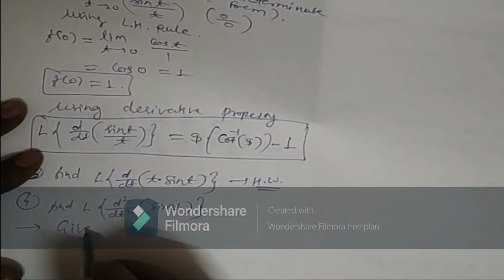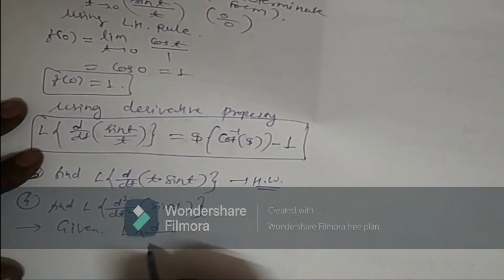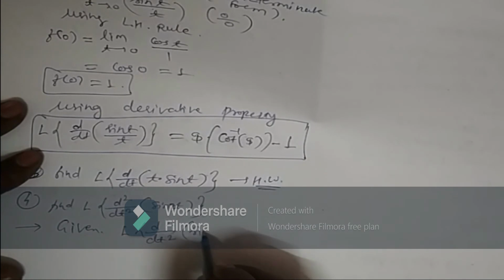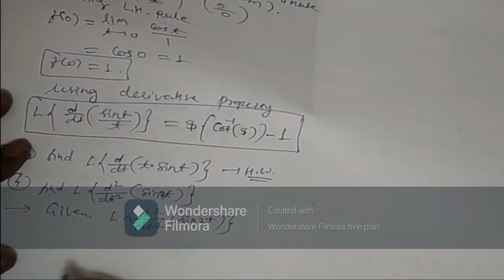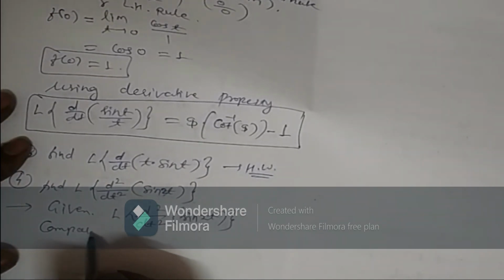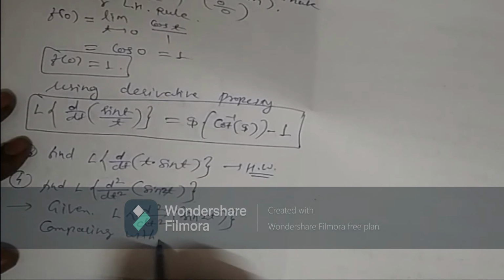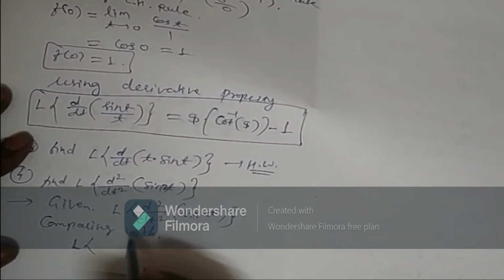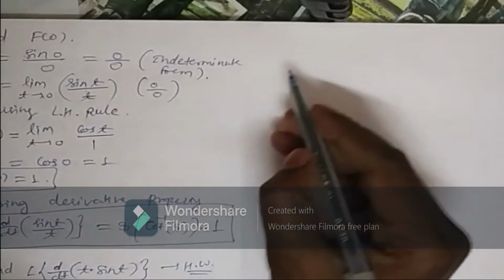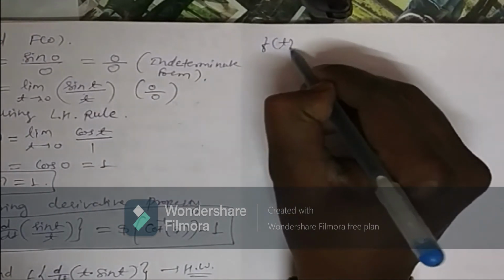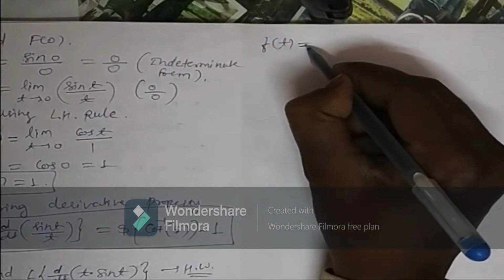First of all, given Laplace transform of d square upon dt square of sin of 2t. Okay. Now comparing with Laplace transform of d square upon dt square of f of t, we get the value of f of t is equal to sin of 2t.